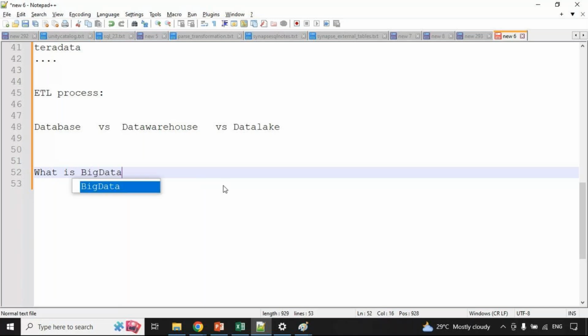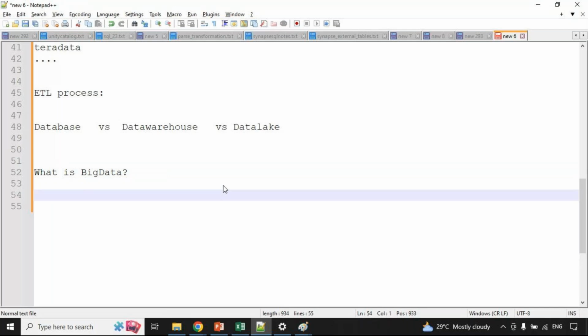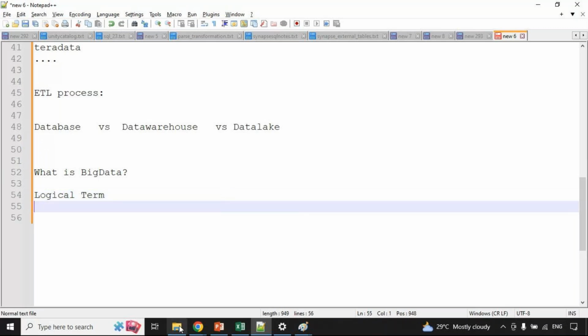If you observe the last decade, people are using the buzzword big data. Guys, big data is not any software, it is not any programming language, it is a logical term.